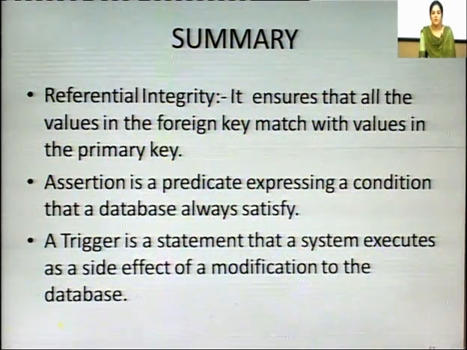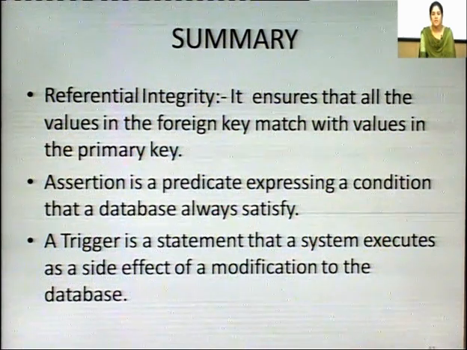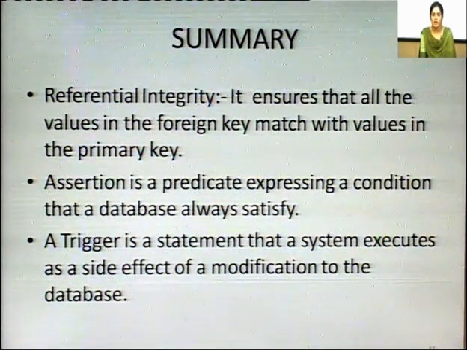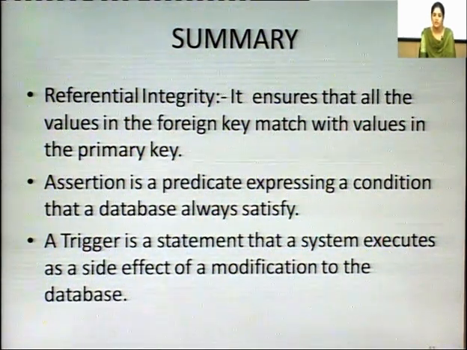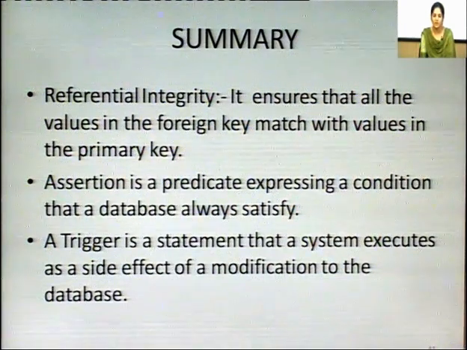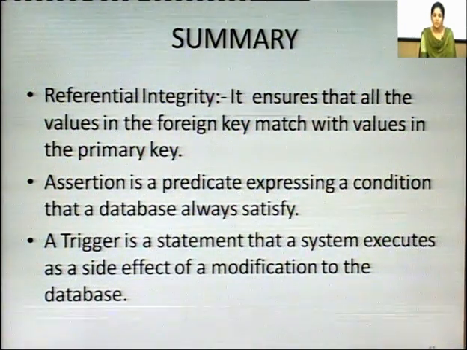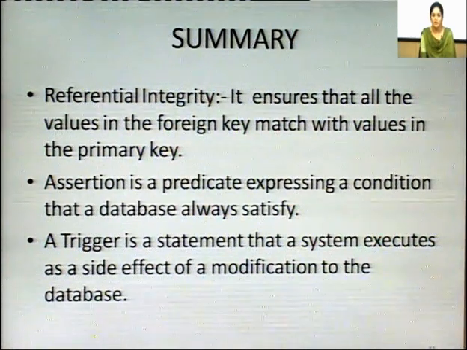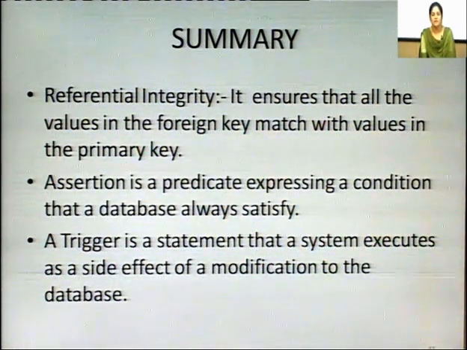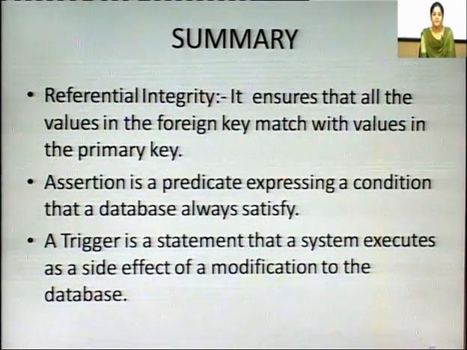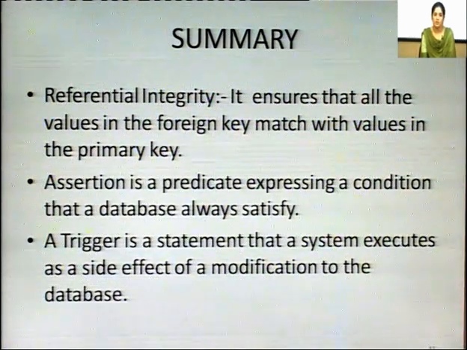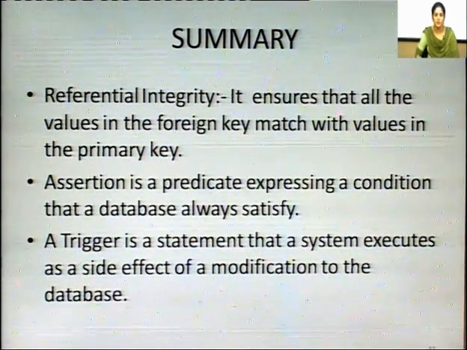And next is assertion. An assertion is a predicate expressing a condition that a database always satisfies. These are conditions given for a database, and only the data satisfying these conditions will be allowed to enter in your database.